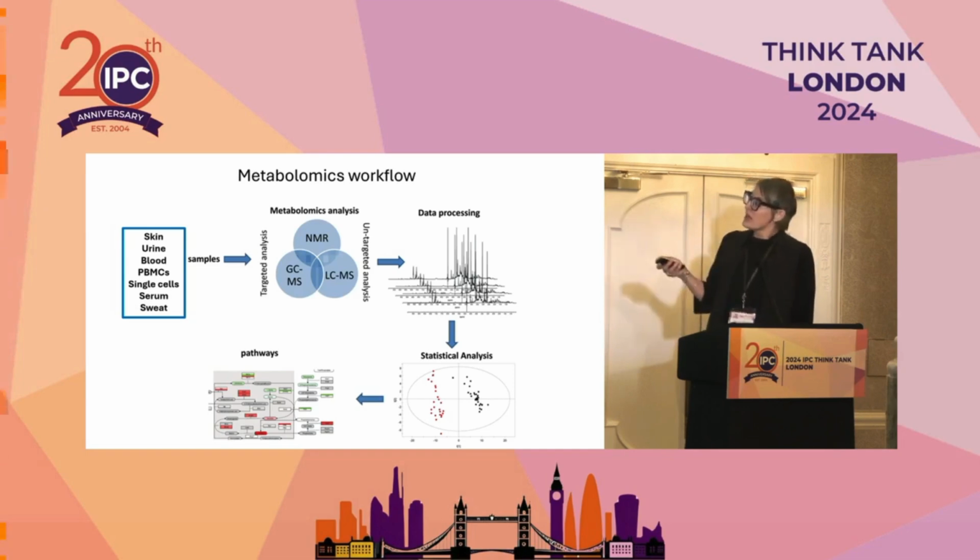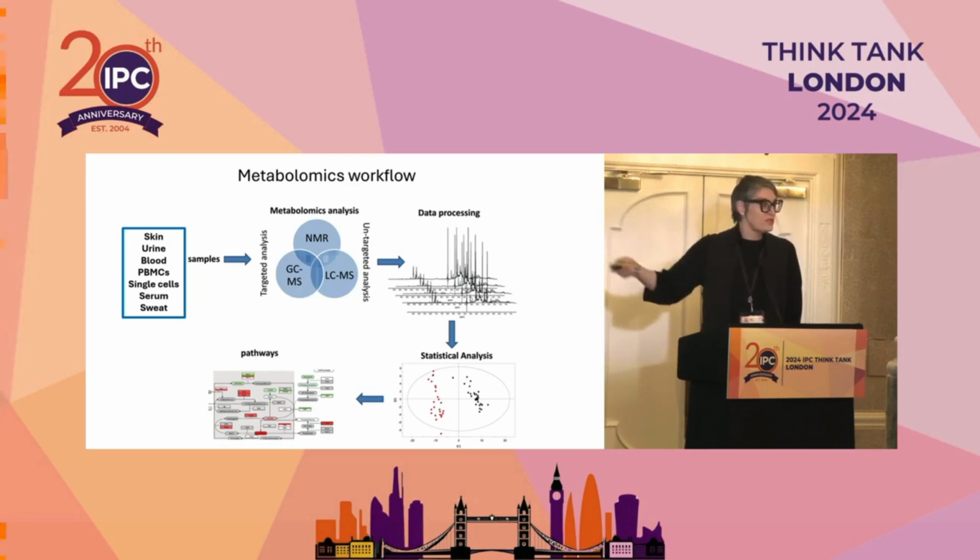So you collect your sample, you can do a targeted or untargeted approach. Instead of having it sequenced, we do mass spec or NMR, and it plugs out a bunch of different data. Again, it gets analyzed bioinformatically, it has statistics done on it, and then ultimately you get a pathway with increases or decreases.